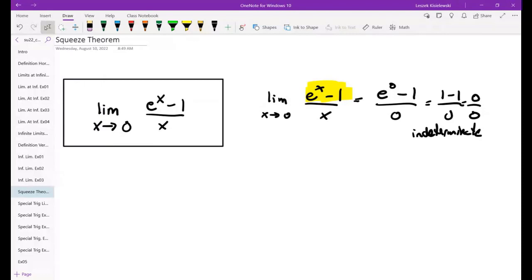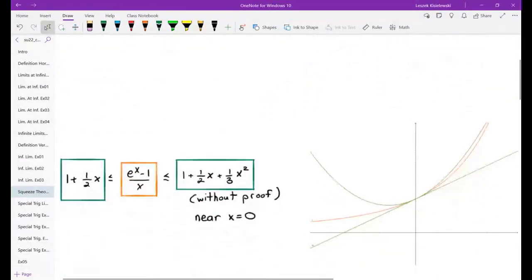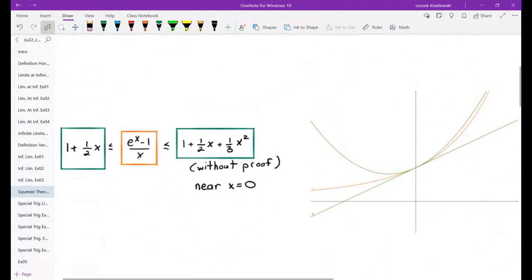Okay, so here I'm going to use a different technique. It's going to involve the algebra of inequalities, but just without proof, let me do this. I can prove that this function is going to be bigger than this line of slope 1/2 and intercept 1, but it's going to be smaller than this parabola.